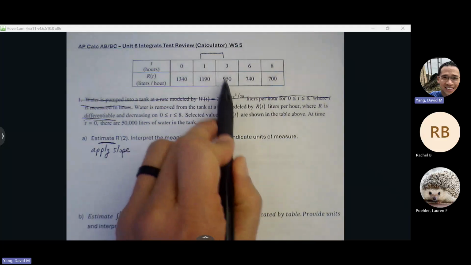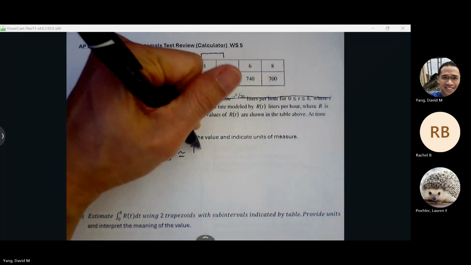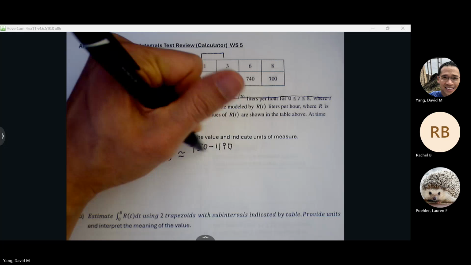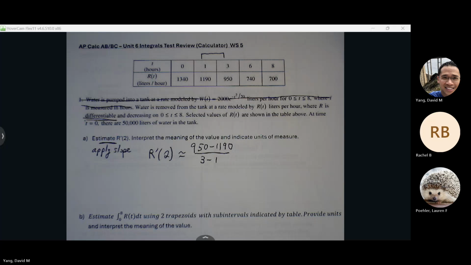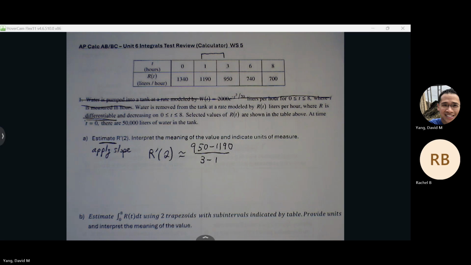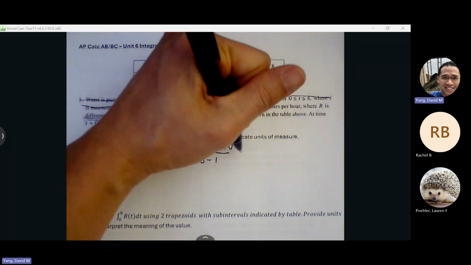Change in rate over the change in time, and use your calculator.